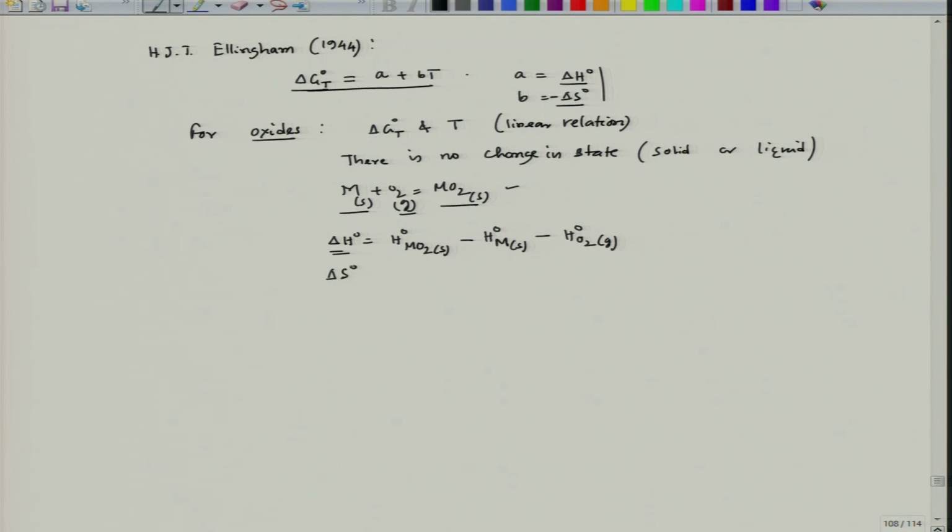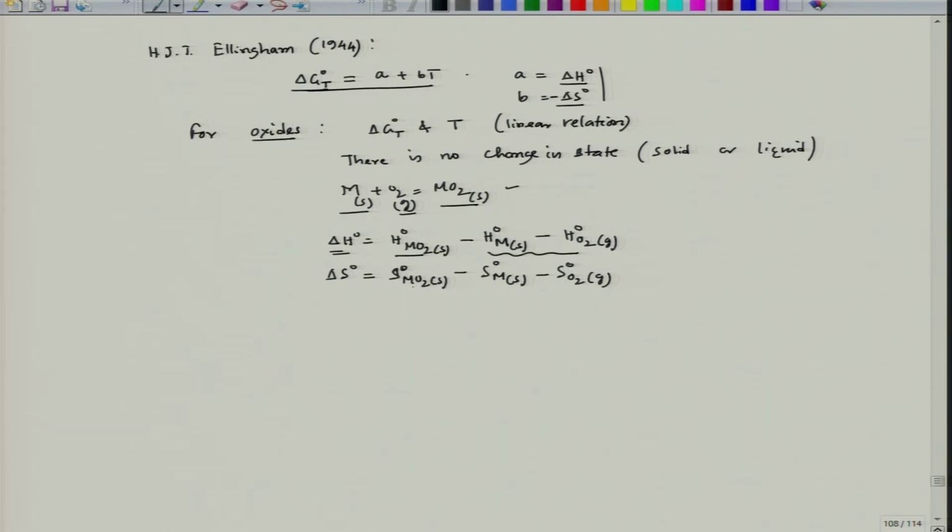And del S 0 can be written as S 0 of MO2, which is solid, minus S 0 of M solid minus S 0 of O2 gas, since the oxide is the product and the other two are reactants.